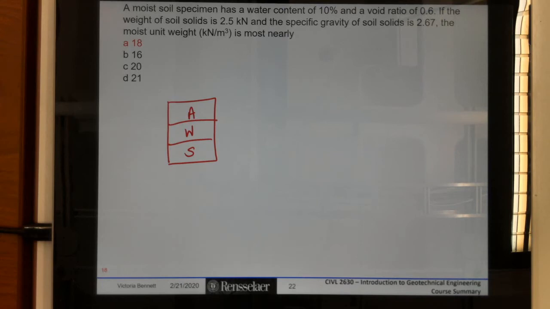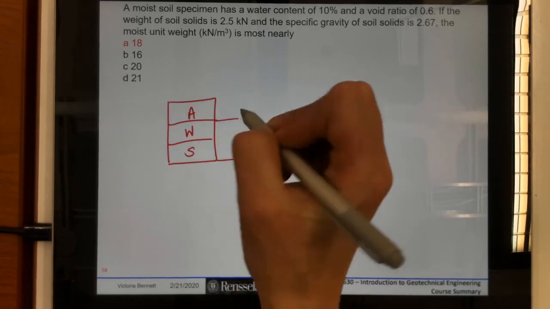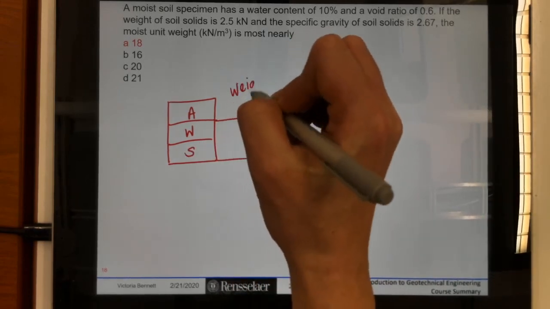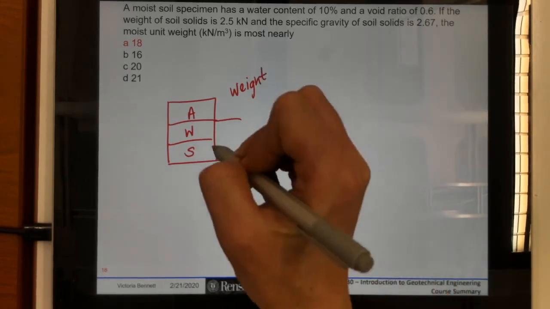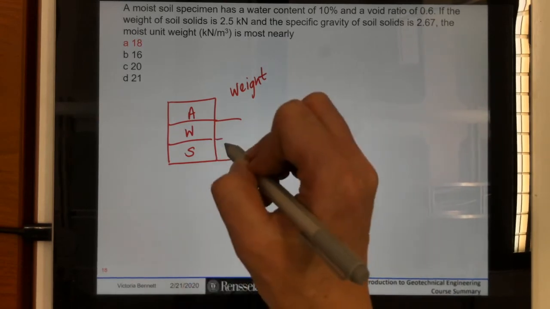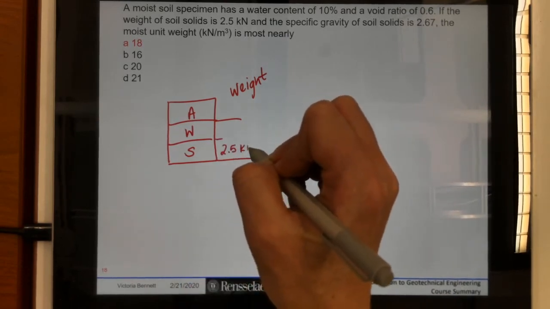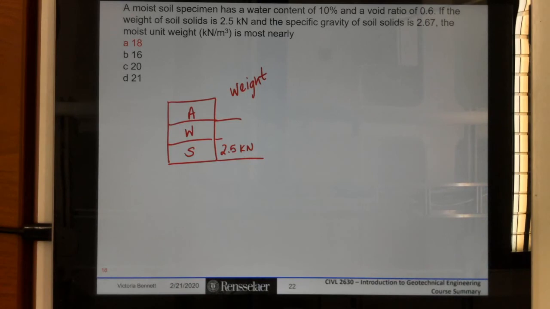Moist soil specimen has a water content of 10%, void ratio of 0.6. If the weight of the soil solids, so here's where I said I think you're going to be given things as weights, not masses. If the weight of the soil solids is 2.5 kilonewtons, specific gravity of soil solids is 2.67, then what is the moist unit weight?